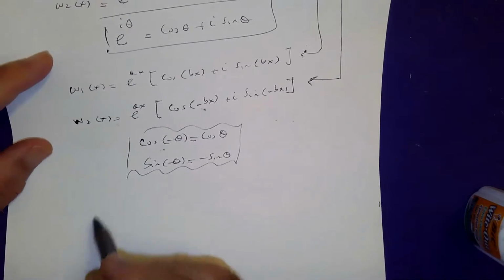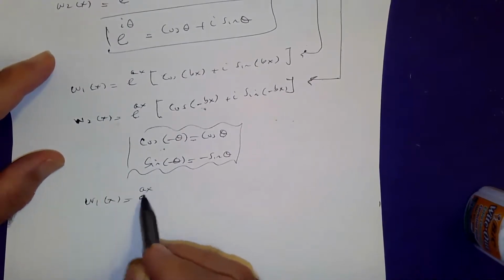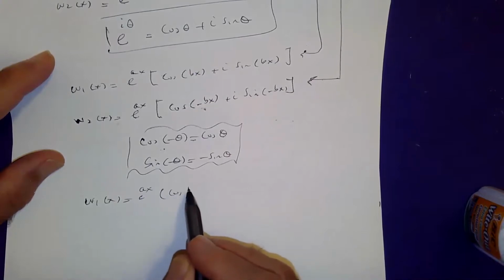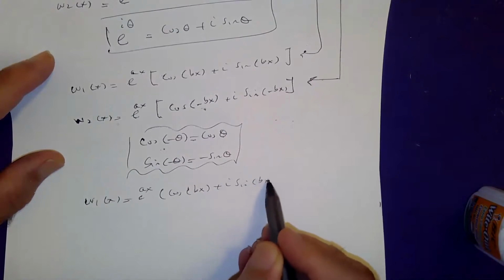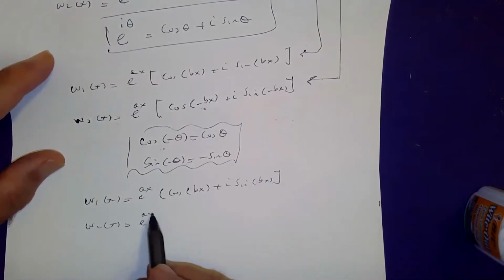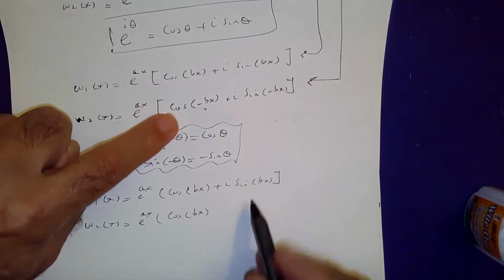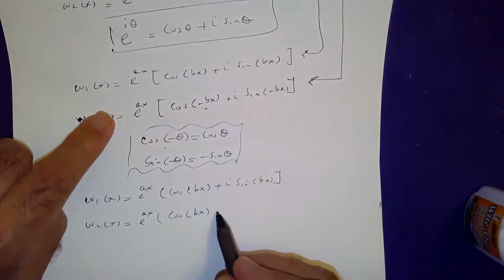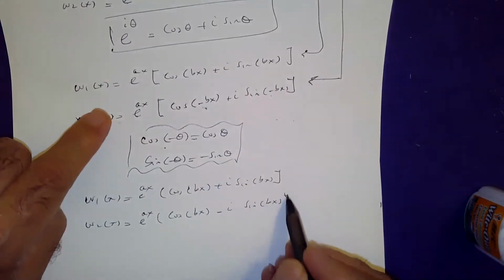And that's due to the fact that cosine is an even function and sine is an odd function. So what are you saying? I'm saying W1 is e to the ax times cosine of bx plus i sine of bx. But W2 is e to the ax times cosine of bx positive, and this guy is minus i sine of bx.